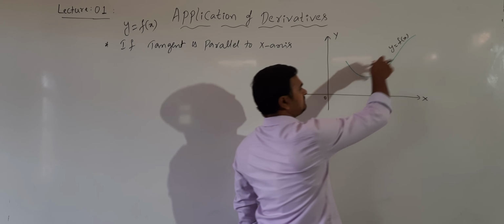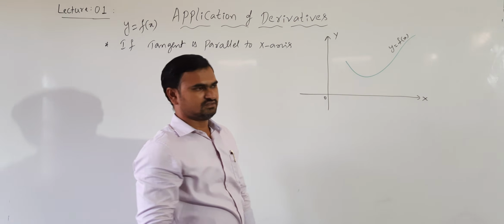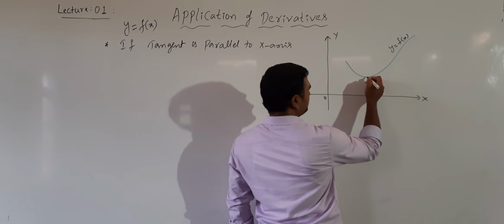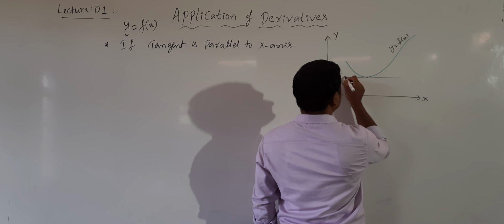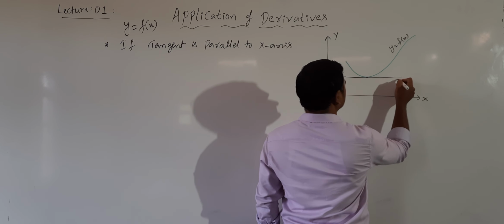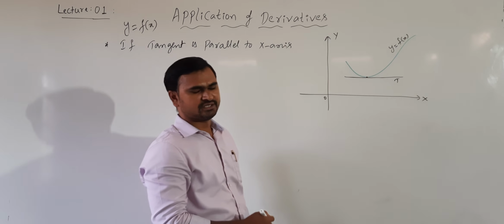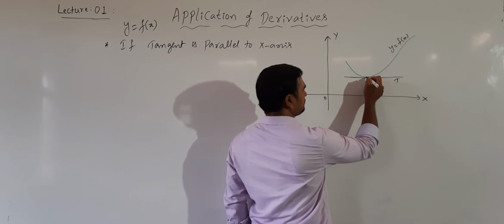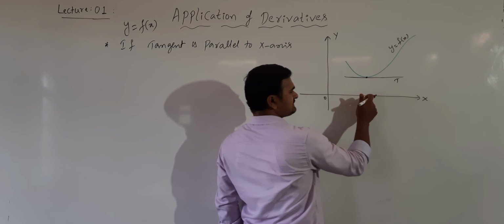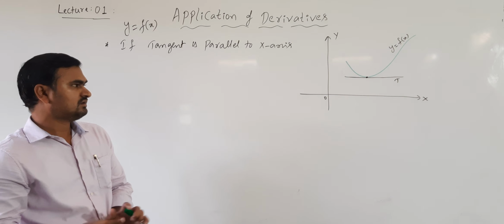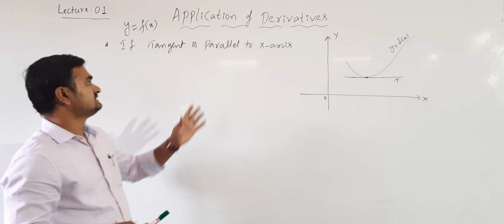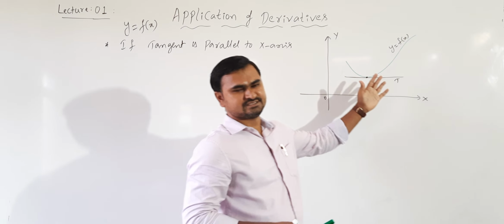Now we can see tangents can be drawn to this curve at some points. If I draw the tangent at this particular point, we can see that this tangent is parallel to x-axis, or it is horizontal. Now what will be the condition so that this tangent is parallel to x-axis?